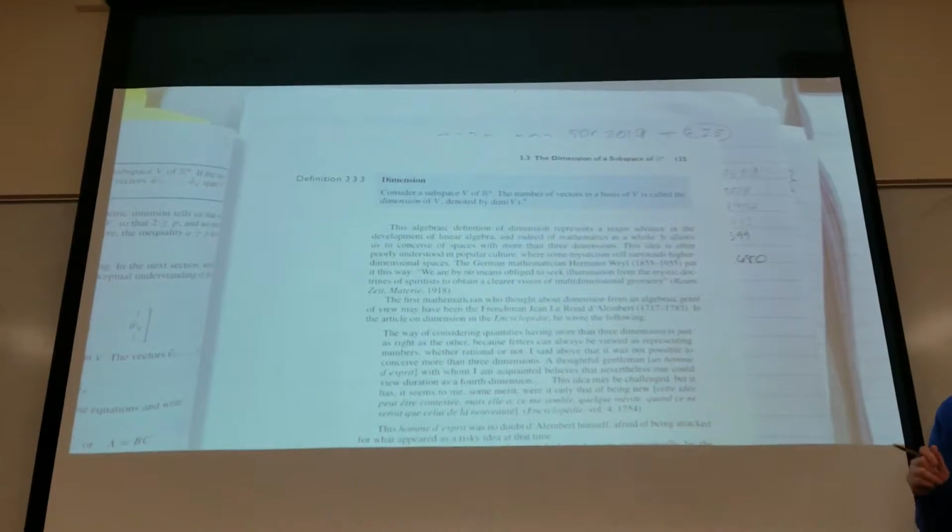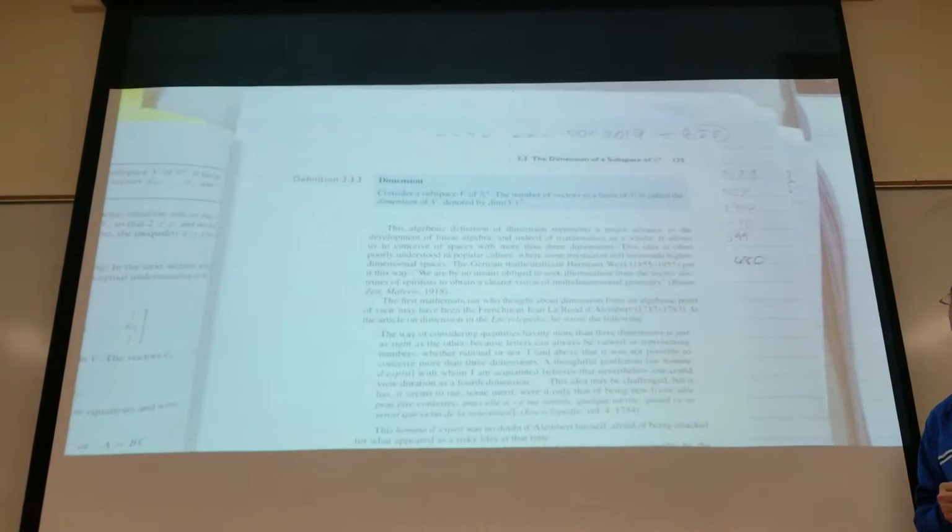So in order to have a well-defined concept, we have to justify. We have to show that all the bases, no matter which one you use, right? All bases contain the same number of vectors. So the basis vectors, you will have 2 in a 2-dimensional subspace. You take any basis, you count how many vectors in it, it's going to be 2. Right? You cannot find 3.